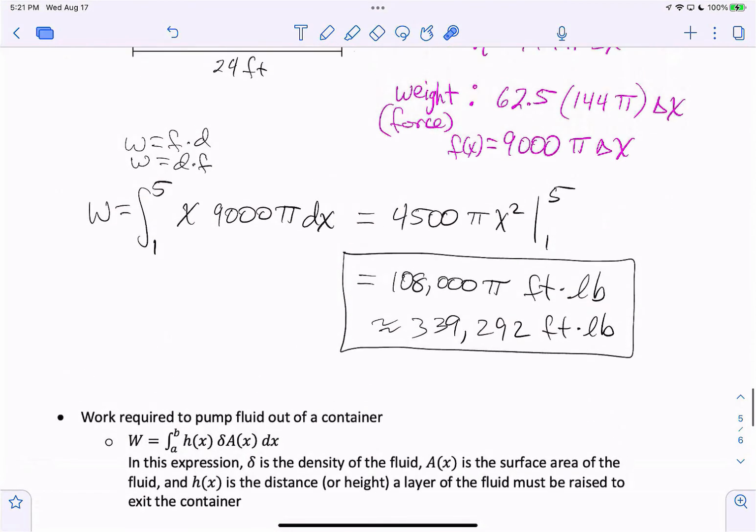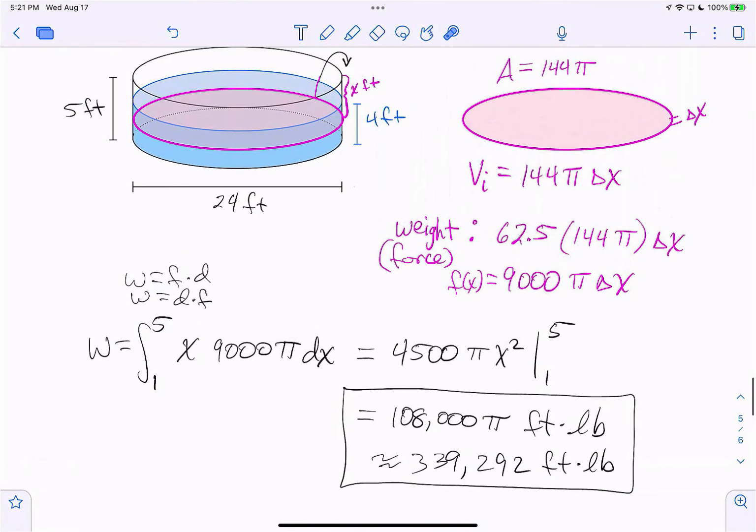Now notice, as we said here, the weight of a layer of fluid didn't change. What changed was the distance that the fluid needed to travel.